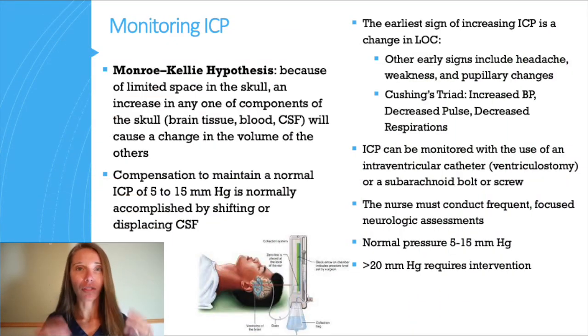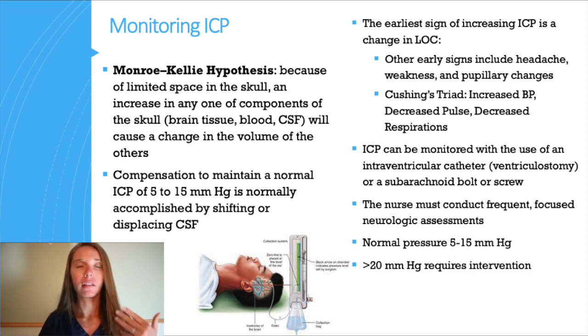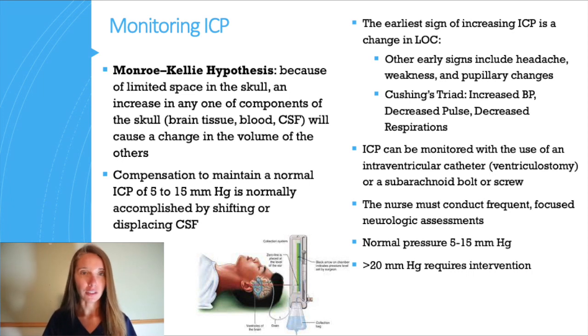So when we monitor ICP, I mentioned inserting a drain, what's called an EVD, an extraventricular drain, which I have a picture of here. So remember, that skull is a closed, tight space, right? Because we have those 3 elements, the brain tissue, blood, and cerebrospinal fluid, CSF, if we have an increase or swelling in one of those parts, we will have increased intracranial pressure.